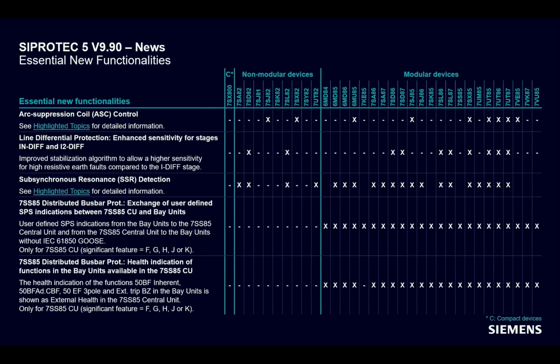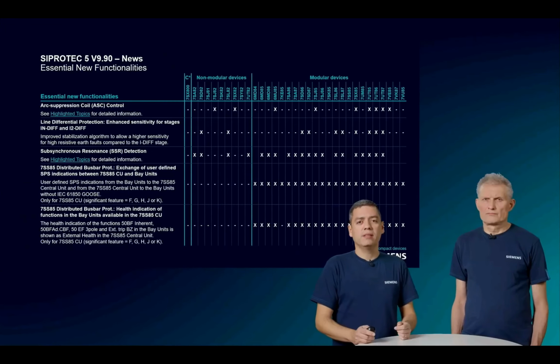Now, the health indication of the functions: inherent circuit breaker failure protection, circuit breaker failure protection, and fault protection in busbar protection, and external trip bus section in the B units is shown as external health in the 7SS85 central unit device. Important is that this new feature is also only valid for the 7SS85 CU option.